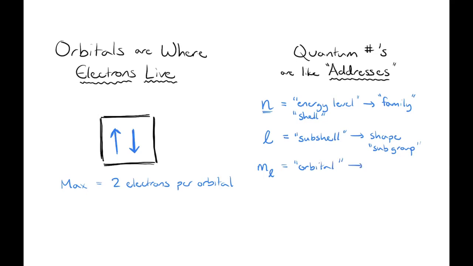In terms of how it distinguishes it from other orbitals in that same family, it's not about the shape anymore, because that's already been broken down in our subshells. Instead, all the orbitals that belong to this subshell have the same shape, generally speaking, but they are going to have different orientations.